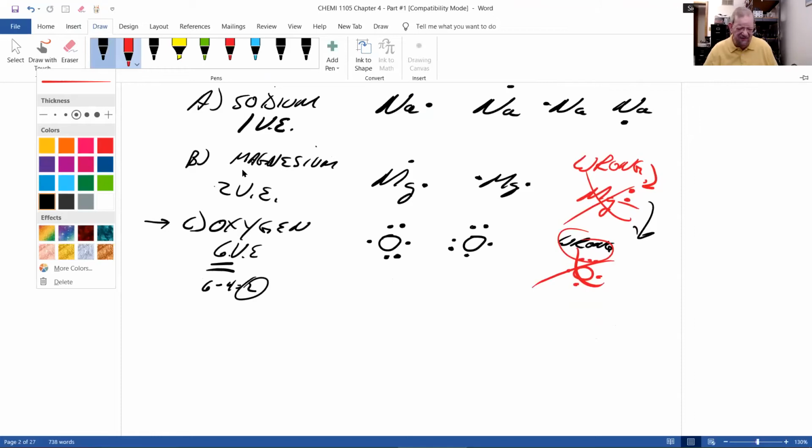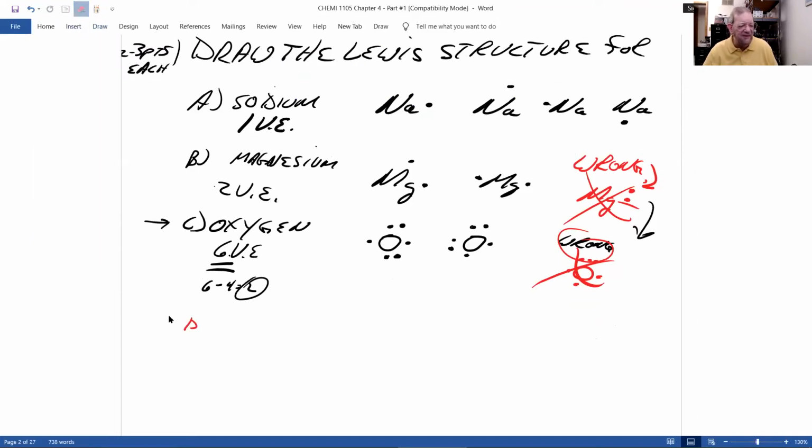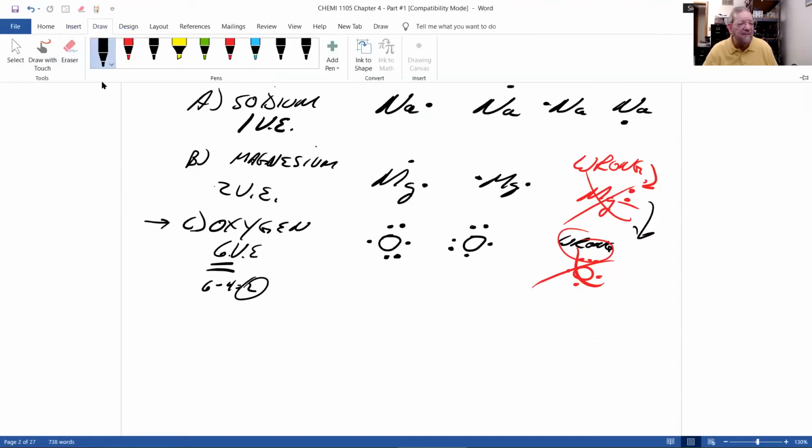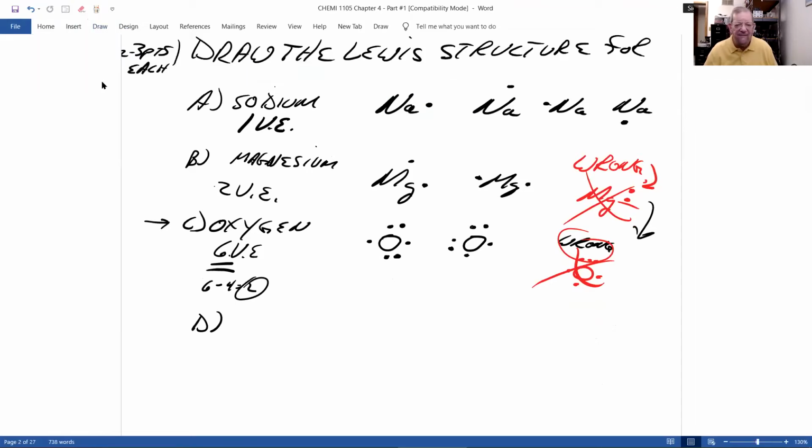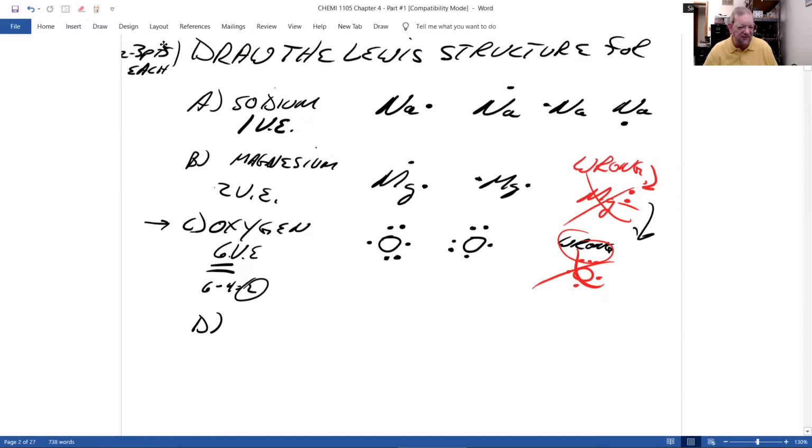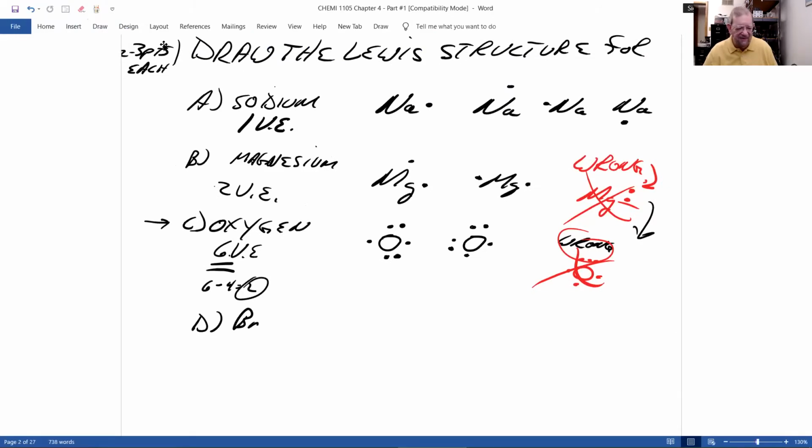because these are good. They're fun, and they're good for your grade. Oh, wrong color. Let's do this. Why don't you draw the Lewis structure for bromine?